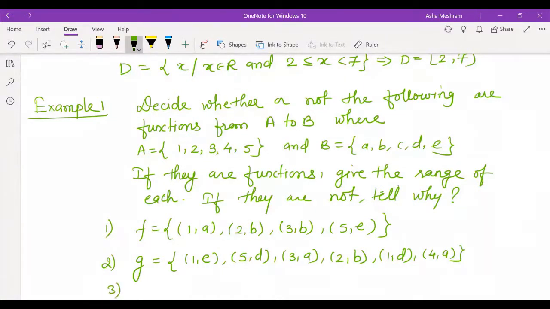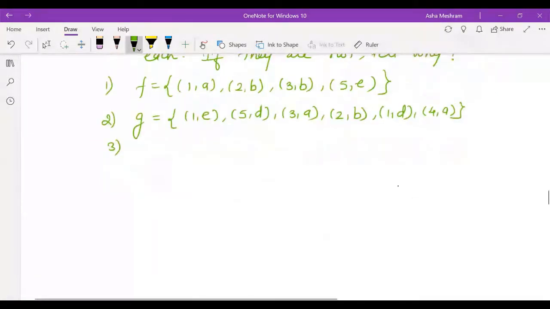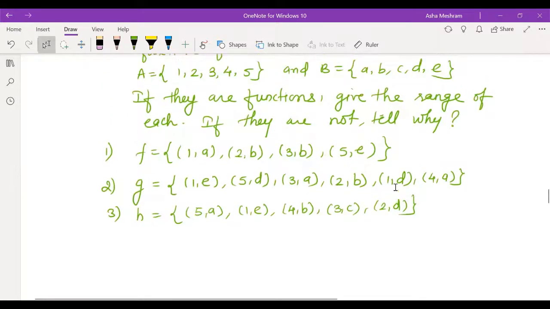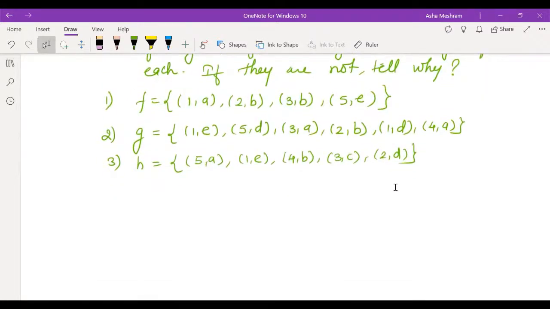And the last one is H, which contains the ordered pairs 5A, 1E, 4B, 3C and 2D. These three functions are defined from set A to B.